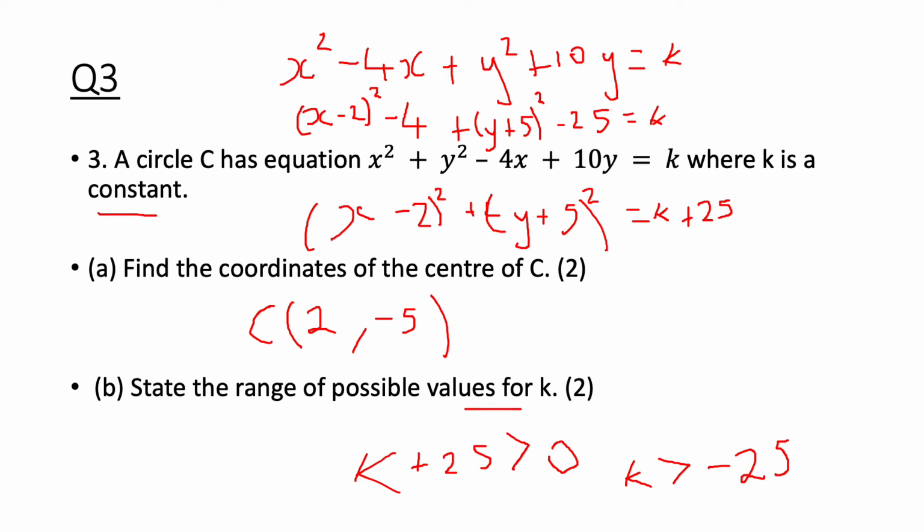Okay, when k is 26, then on the right hand side I'm going to get 1, which makes sense because the radius can equal 1 or more. But the radius can't equal, for example, -1 because I can't take the square root of a negative number, because it is in the form x plus a all squared plus y plus b all squared equals r squared, where r squared is the radius squared.